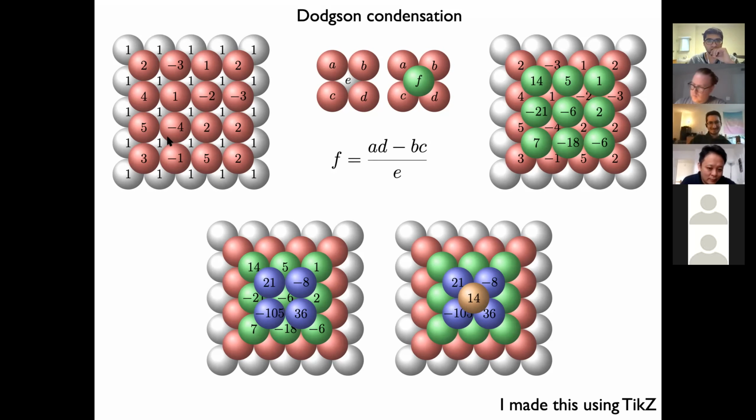Now whenever we look at our matrix, we're going to take every 2 by 2 submatrix, and take that determinant, A times D minus B times C, but we're going to divide by the value of the ball underneath. So we don't use these ones on the outside. They're just holding up the oranges. And right now, all of these balls that you see peeking through have the value 1.